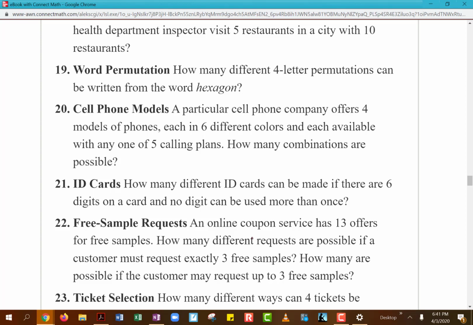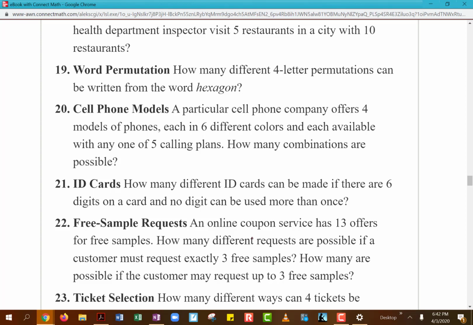Now, one thing I will tell you, do not get thrown off by the word combination here, because just because they are saying how many combinations are there, they do not necessarily mean you are looking at the combination rule as your calculation. So it's not necessary that you are doing the NCR calculation here, okay? You just kind of have to see what the example is talking about.